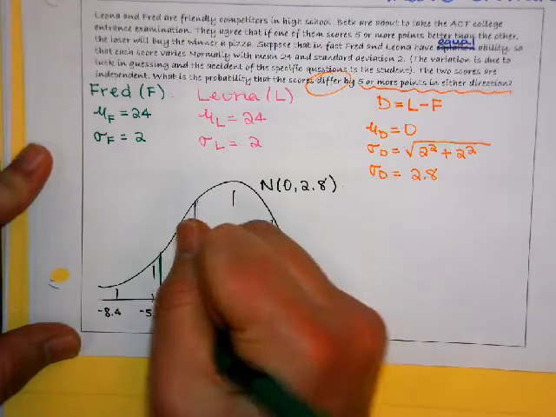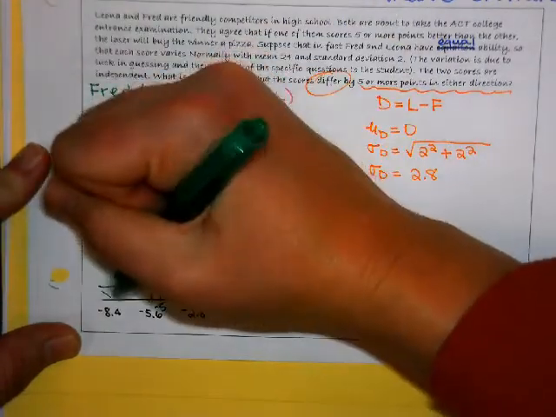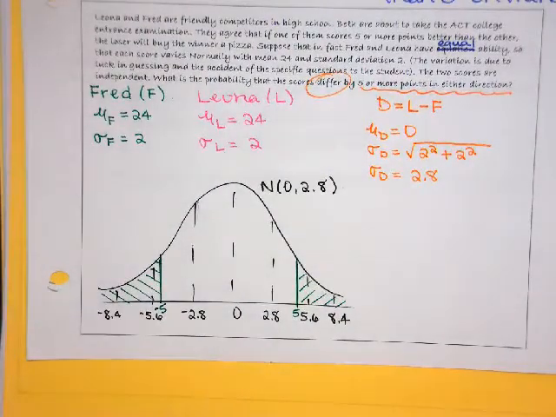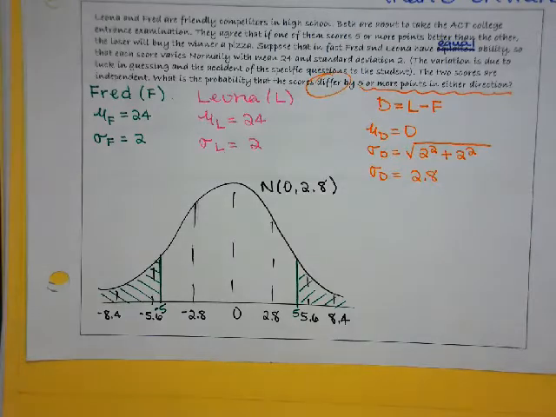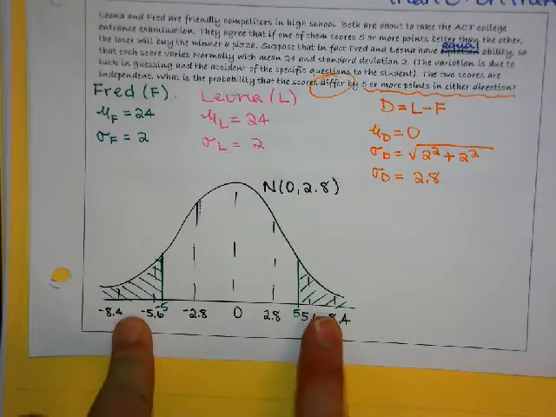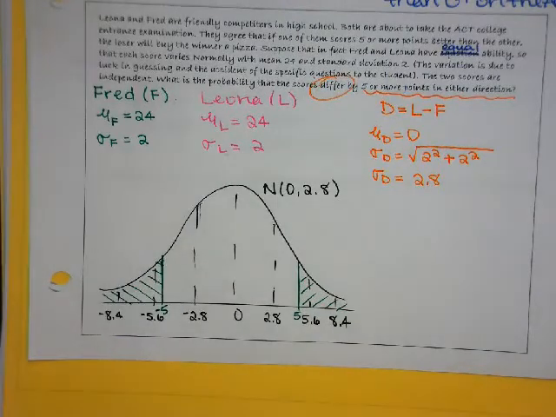Here we're working with two tails. The cool thing about the normal distribution is it's symmetric. So these tails have the same area, so I only need to find one of them and then just double it. So I'm going to find the area of this tail using normal CDF.